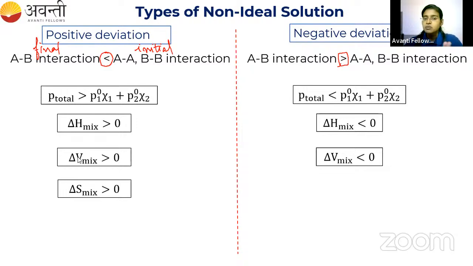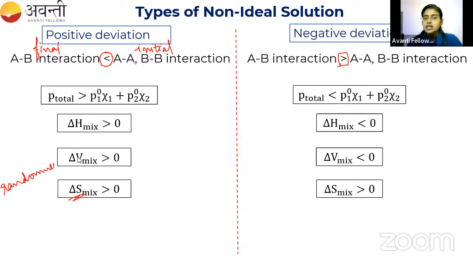All these terms, enthalpy, entropy, volume, temperature, you might have studied in your class 11 thermodynamics lesson. Entropy is nothing but randomness. So that will be greater than 0, and for negative deviation also it is greater than 0, because entropy means randomness.